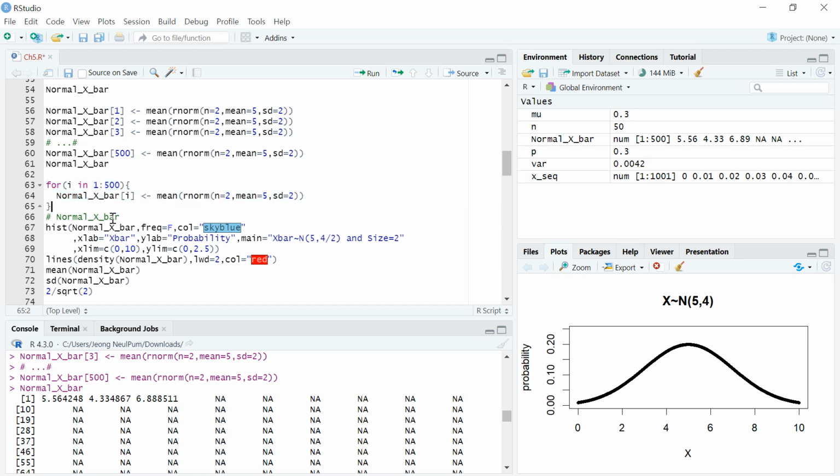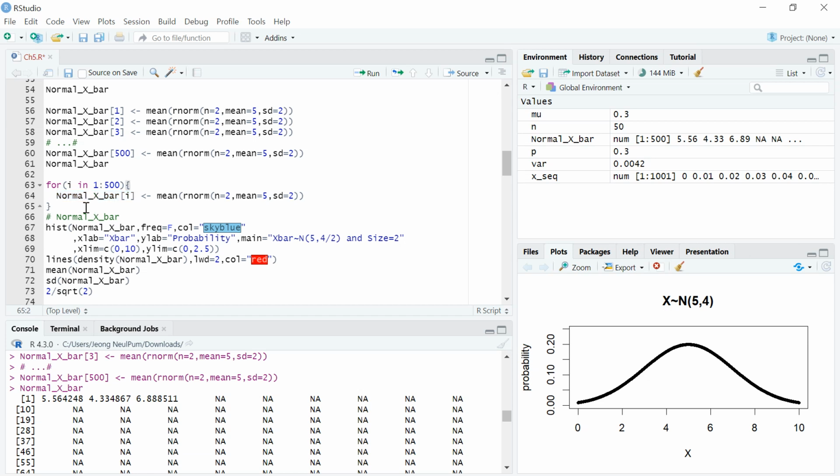I know that I already taught you about the for loop, which helps us repeat the same experiment with different i values. So we start with i from 1 to 500, and we store each sample mean in the i-th location of our empty vector.